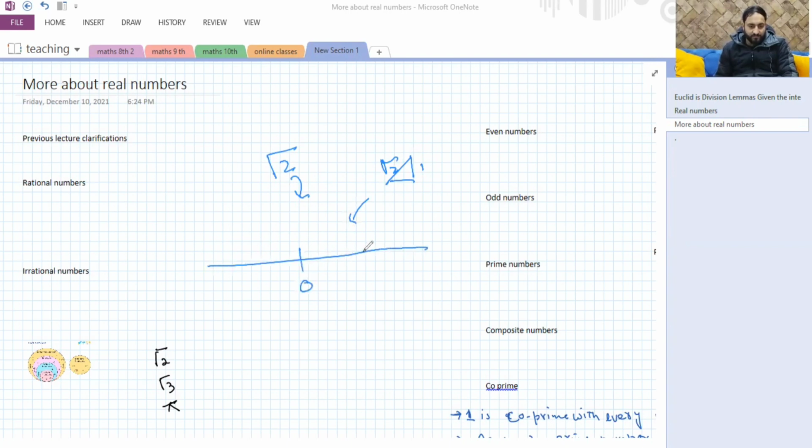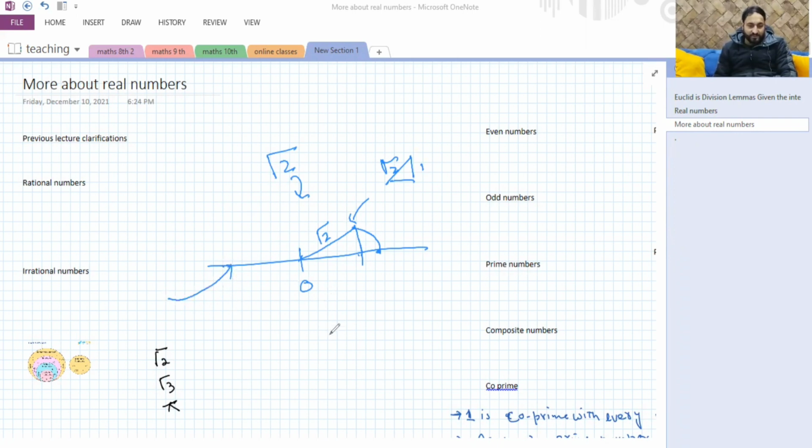Then we opened the compass, took this as radius, and transferred it to the number line. Therefore, we noted that irrational numbers can also be represented on the number line.